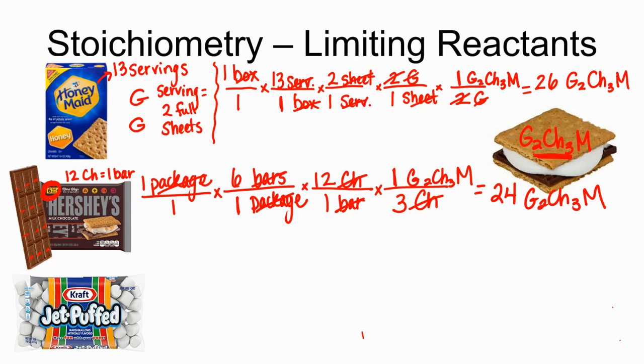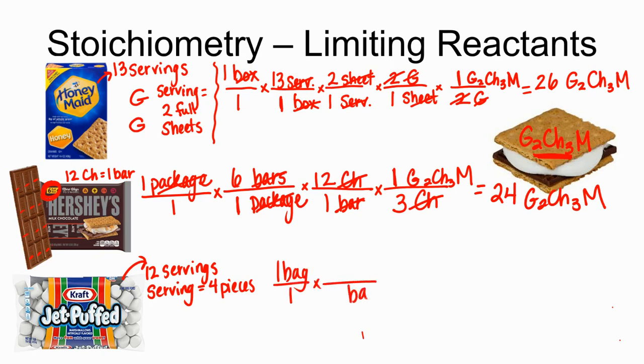All right, and last is my marshmallows. My marshmallow bag says that there are 12 servings in the bag. I have a bag of marshmallows at home. It also says that a serving is 4 pieces, so 4 marshmallows. Now I know someone brought one bag. What do I know about the bag?